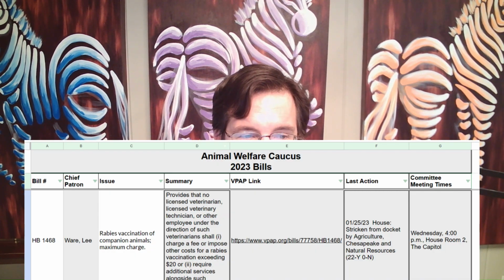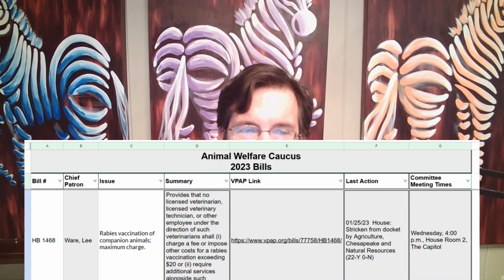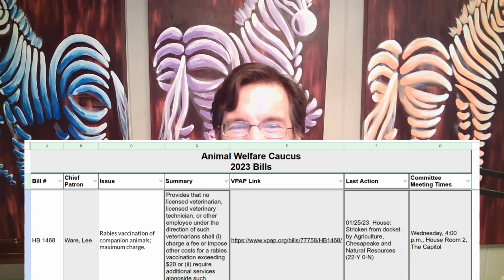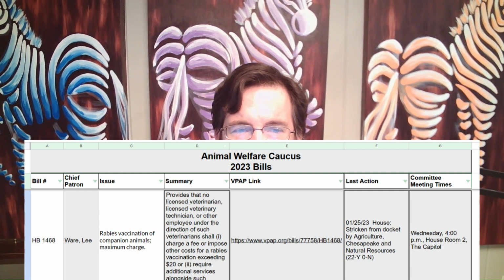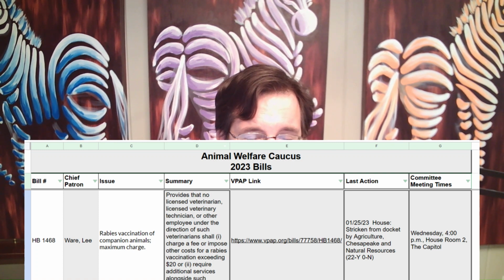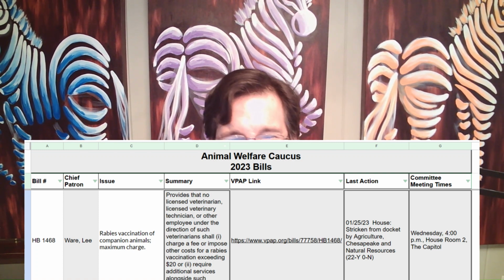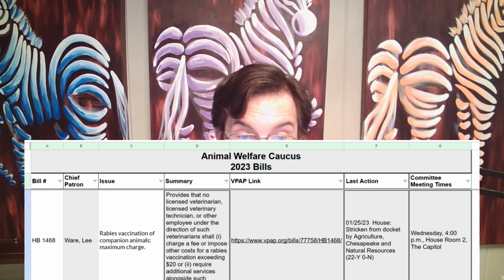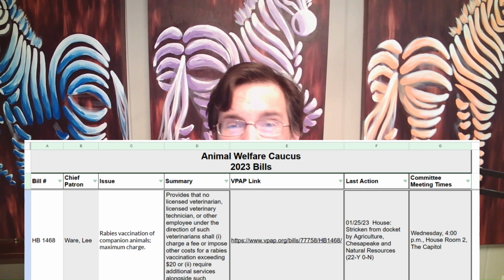Now, here's what I include in my spreadsheets: the bill number, the chief patron, the issue, a summary, usually taken directly from the Legislative Information Services site and then slightly modified to make sure it makes sense. I also include what we call the VPAP link.